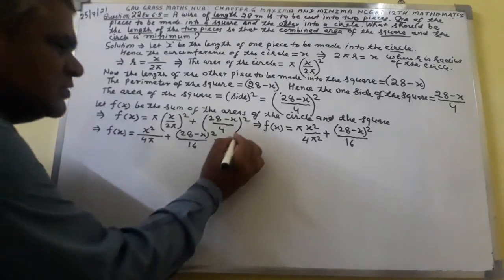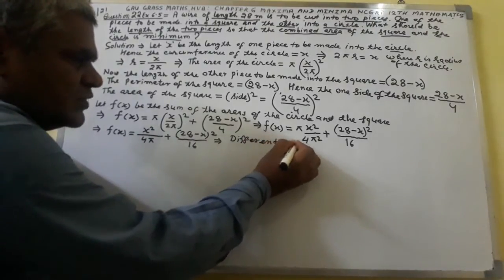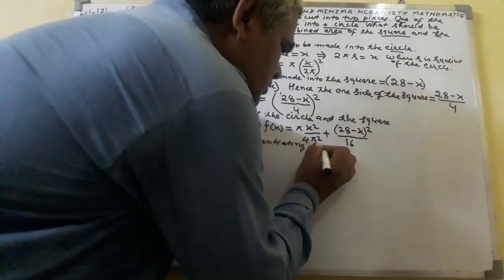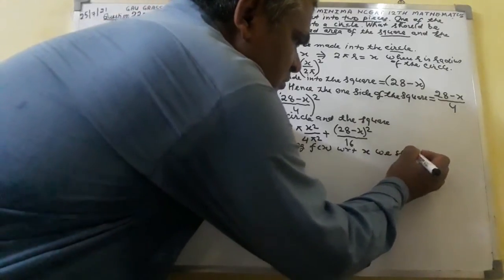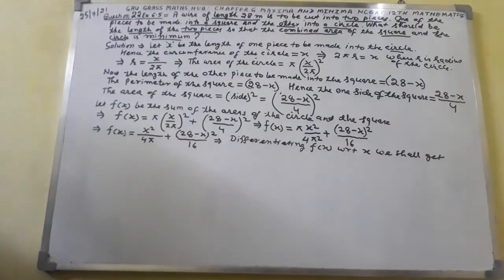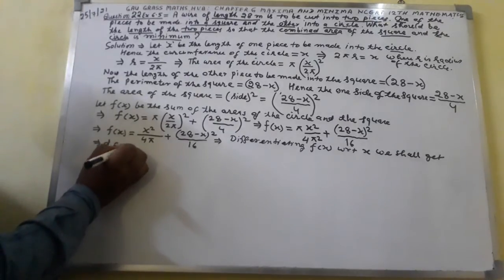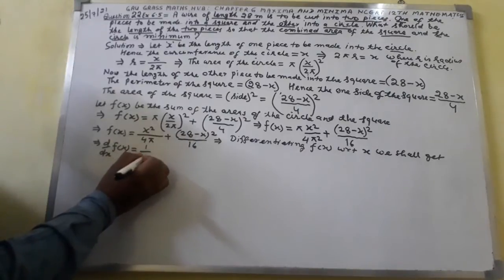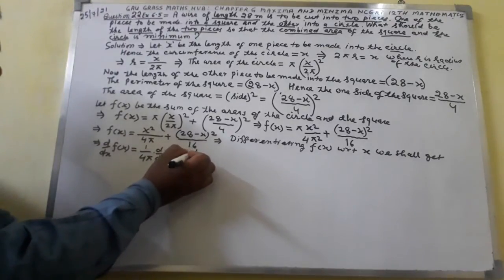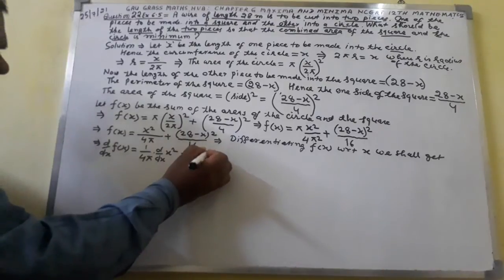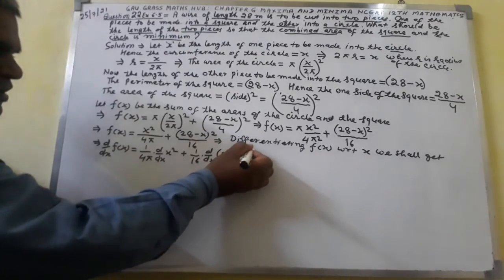Again I shall write, differentiating f of x with respect to x, we shall get d over dx of f of x is equal to 1 over 4 pi times d over dx of x square, plus 1 over 16 times d over dx of 28 minus x whole square.